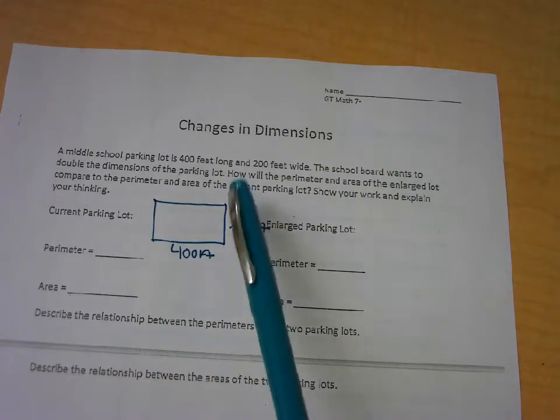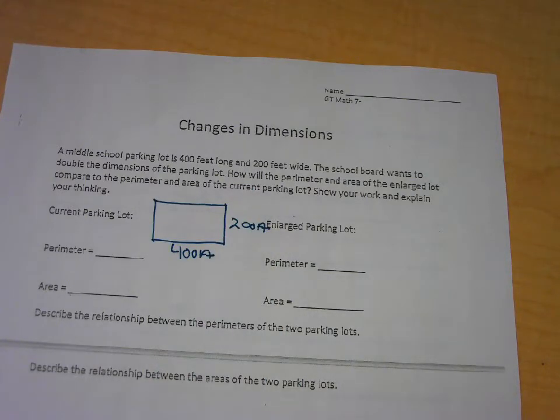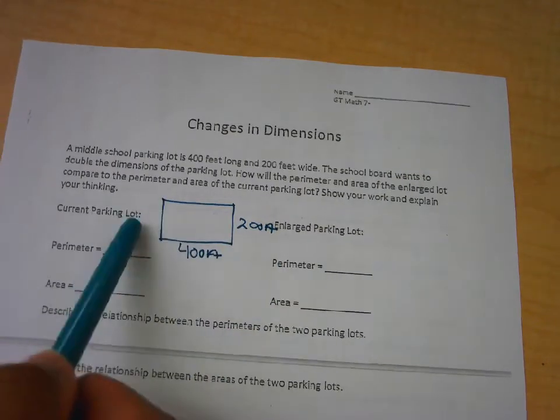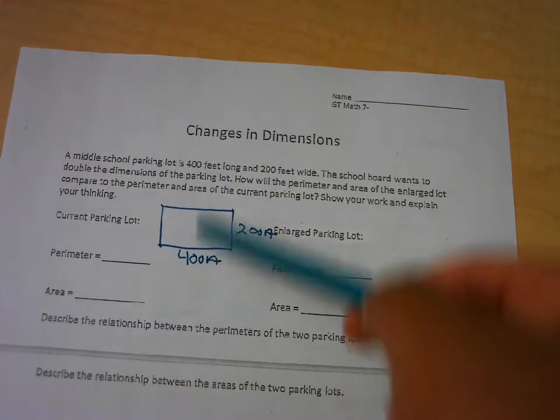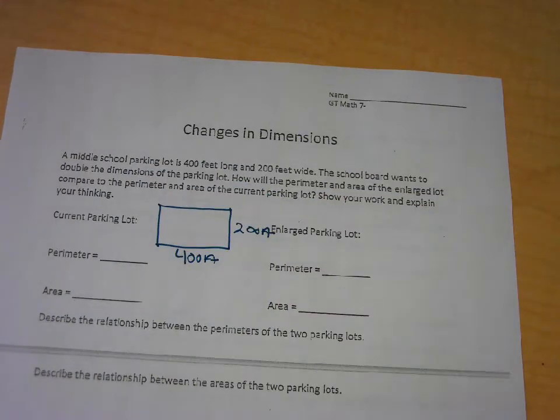What would it be? It would be 1,200 because it's 200 times 2, which is 400, and then 400 times 2, which is 800, and then 400 and 800 together is 1,200.